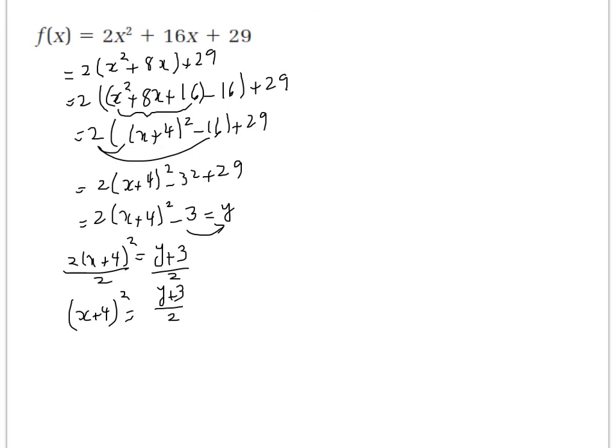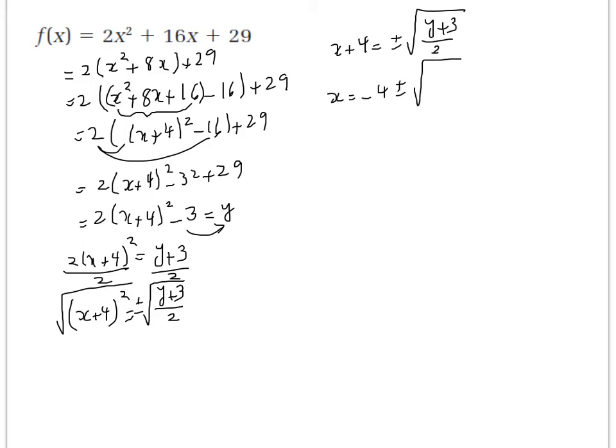Now the inverse or the opposite operation to square is square root, so I take the square root of both sides, but when you take the square root of y plus 3 over 2, you get plus or minus. So you end up with x plus 4 is equal to plus or minus square root of y plus 3 over 2, or x is equal to negative 4 plus or minus square root of y plus 3 over 2.